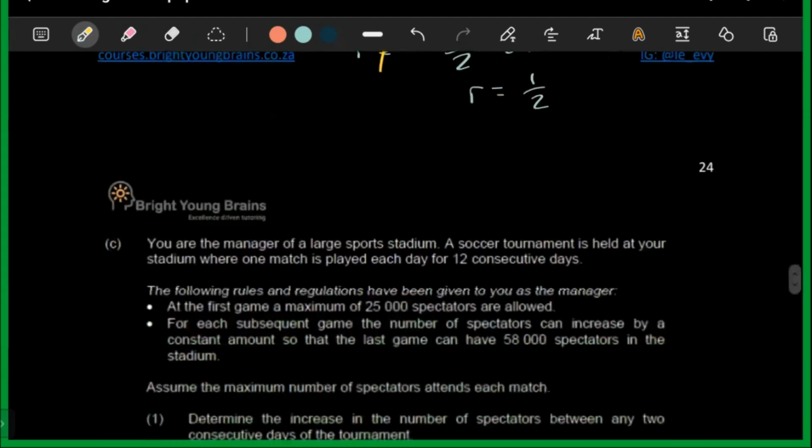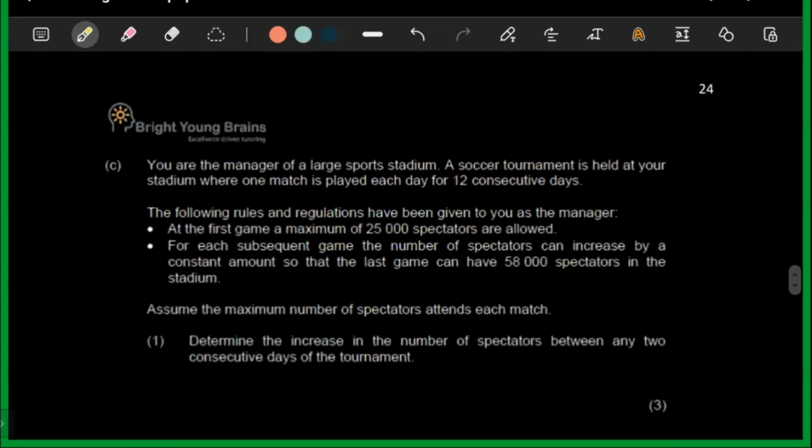Let's move on. She said, you are the manager of a large sports stadium. A soccer tournament is held at your stadium, where one match is played each day for 12 consecutive days. Wow. The following rules and regulations have been given to you as the manager. At the first game, the maximum spectators is 25,000.